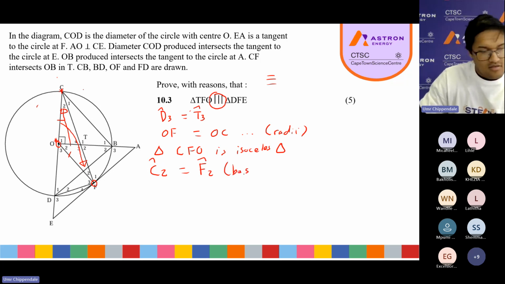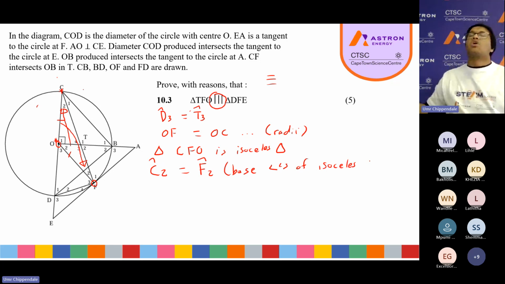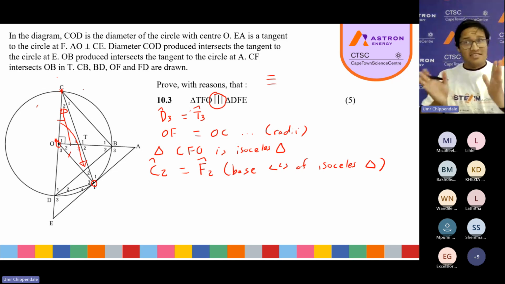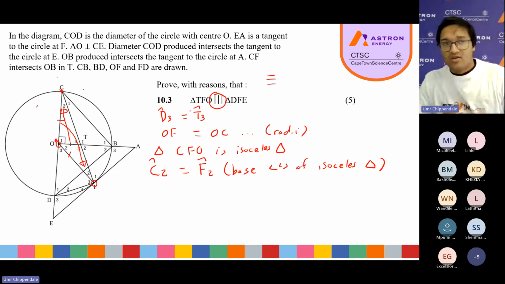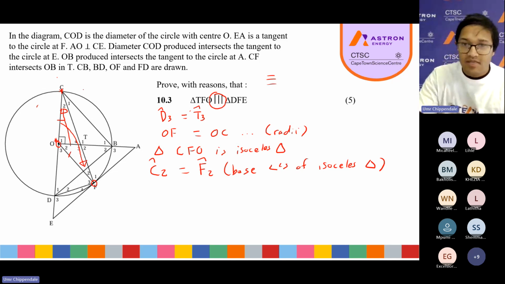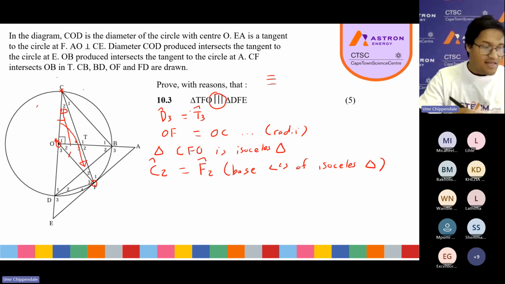Because base angles of isosceles triangle. Remember, guys, there's a lot of different ways to get to your answers. As you can see, one of my favorite ways is to look at my radii, see if I can find bases of it, and then I always go with that. This just always works out for me, at least most of the time. So in this particular case, I like dealing with my isosceles triangles. So we'll have it just like this.